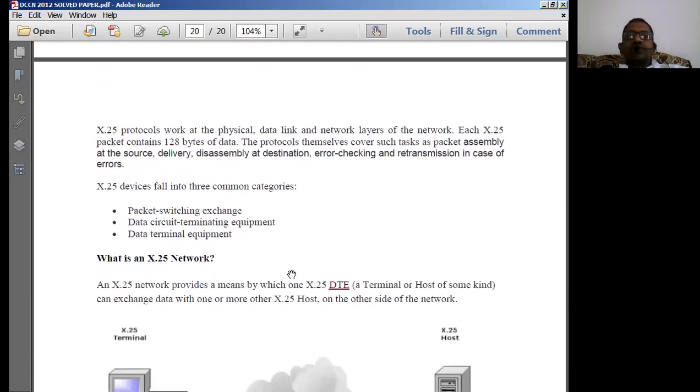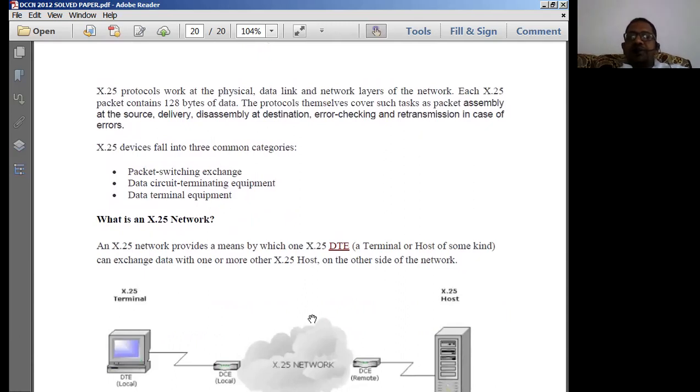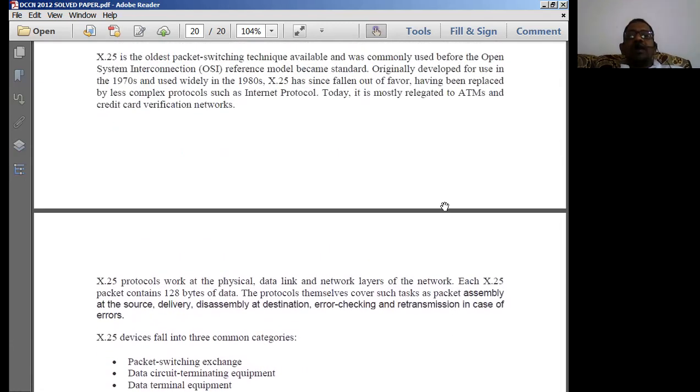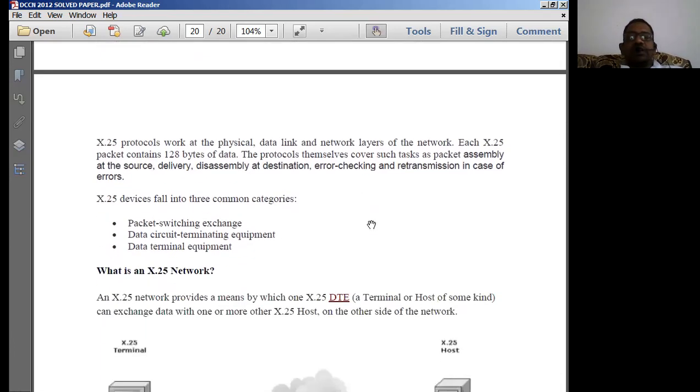Other than that, most companies prefer the TCP/IP protocol because it is very simple and the installation is pretty easy compared to X.25 type networks. Therefore, most companies prefer TCP/IP over X.25 in today's market. So the applications you can write in the exam for X.25 are ATMs and credit card verification networks.